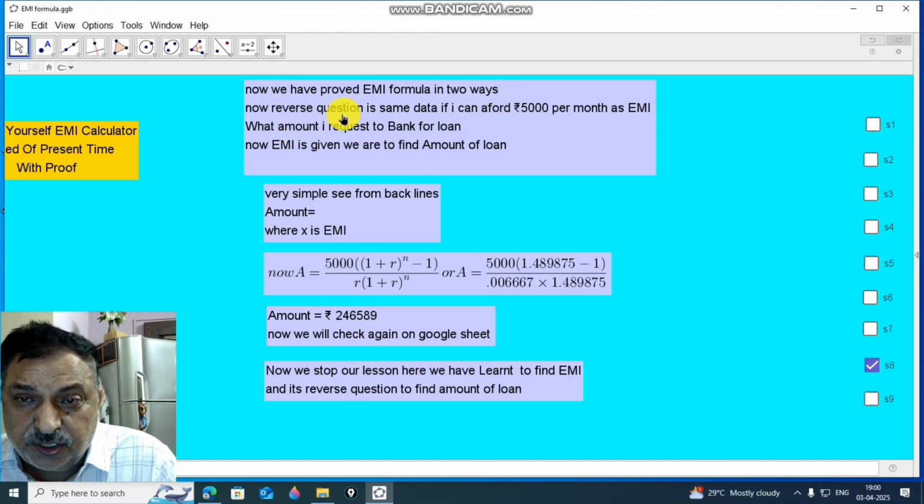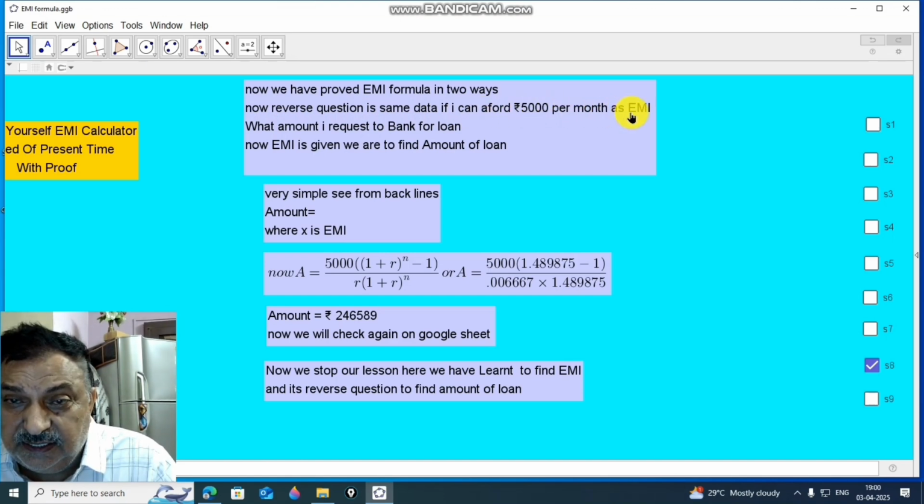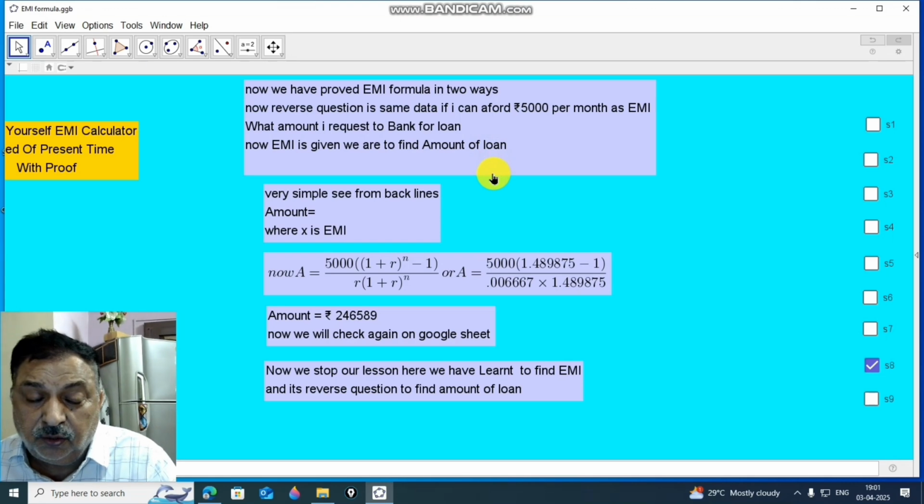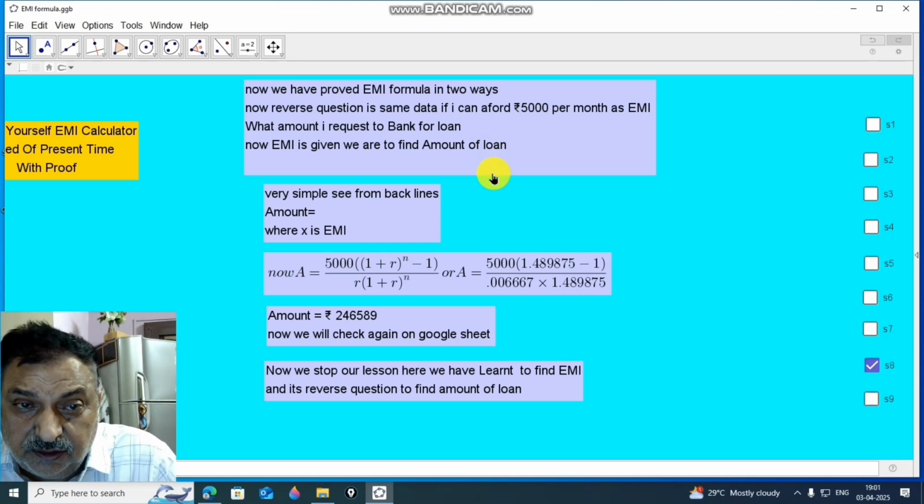Now our first question, with the same data: if I can afford 5,000 per month as EMI, what amount should I request the bank for a loan? Now EMI is given and we are to find the amount of loan. We have done one question, finding the value of EMI.